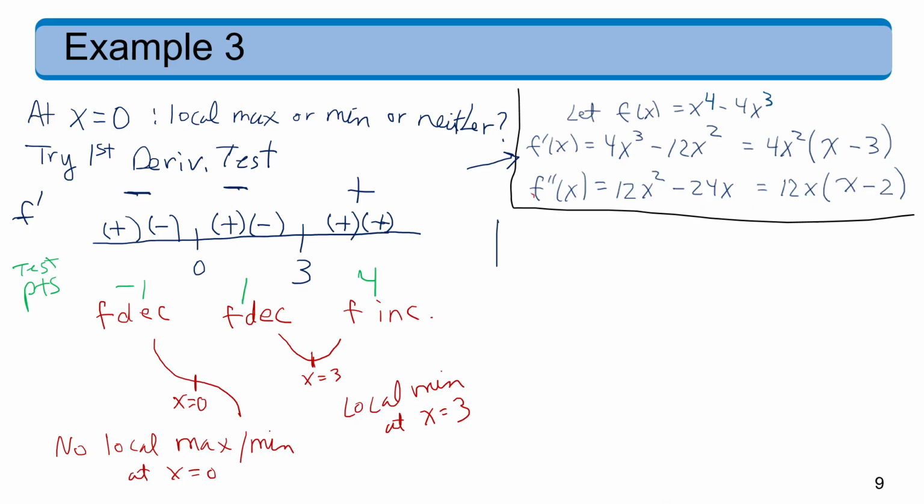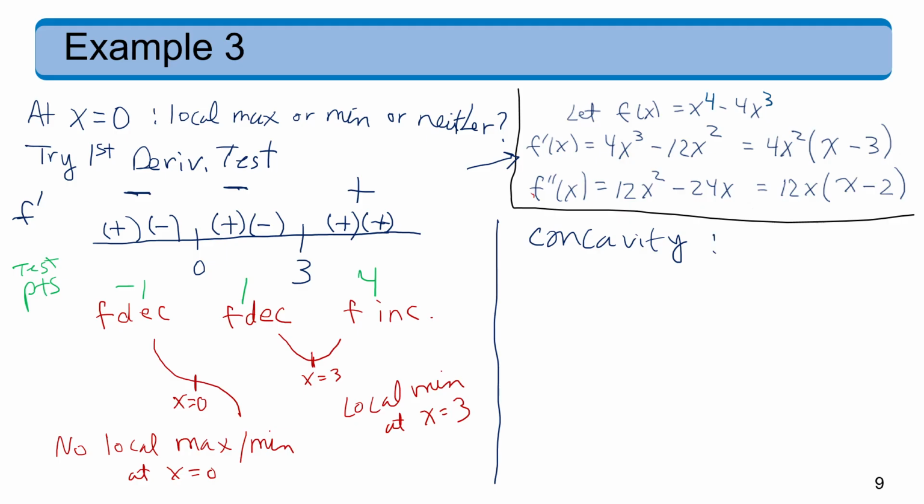Okay, so let's start working on concavity. Remember, we're looking for where f double prime is positive or negative. That tells us about concavity. So what we do first is find where f double prime equals 0, because 0 is the dividing point between being positive and negative.